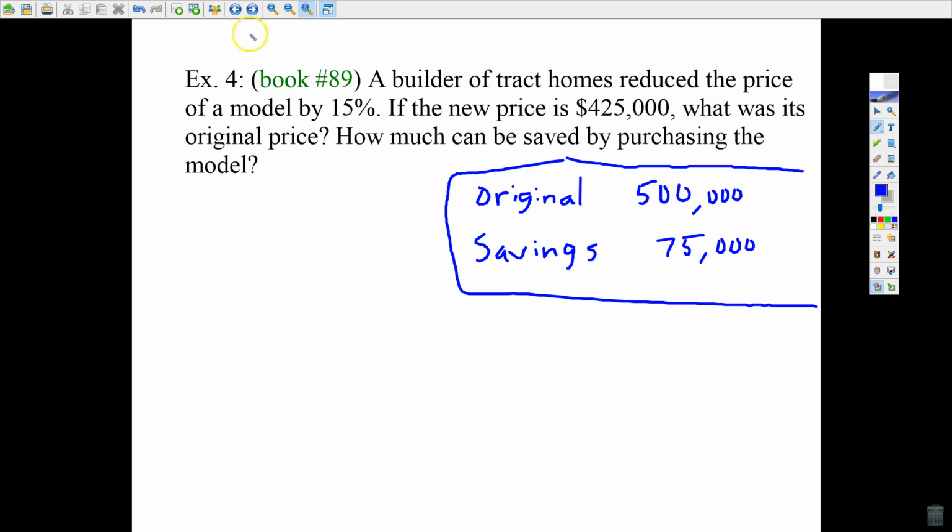Okay, I think this is my last example. Again, you don't have to write all the wording, just put that it's number 89 out of your book.